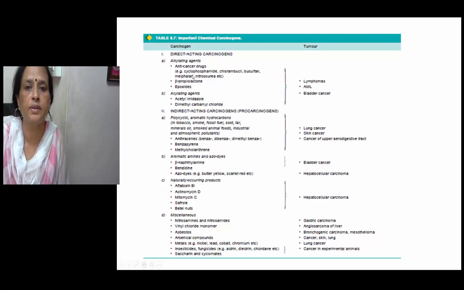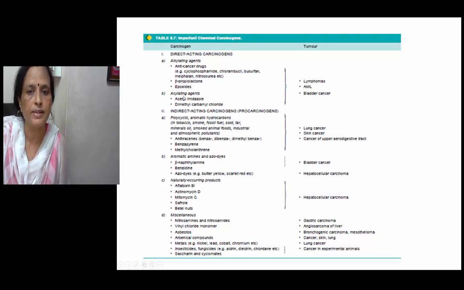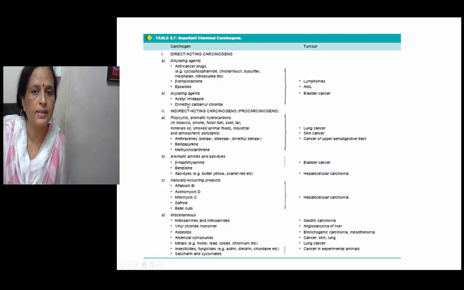The list is given here: cyclophosphamide, chlorambucil, busulfan. You know they're all anti-cancer drugs. Then beta-propiolactone and epoxides. The second group has acylating agents: acetyl imidazole and dimethyl carbamyl chloride.